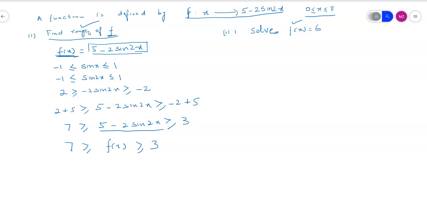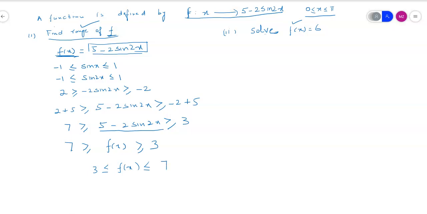So this is our first response. 7 is greater than or equal to f of x, which is greater than or equal to 3. Or in simple terms, 3 is less than or equal to f of x, and this is less than or equal to 7.